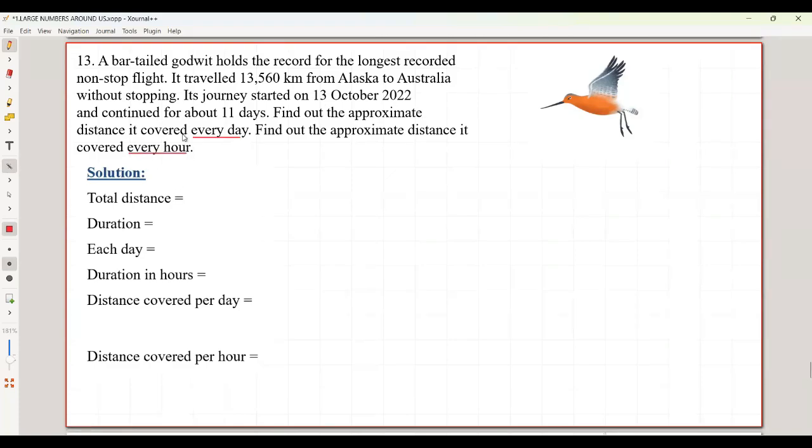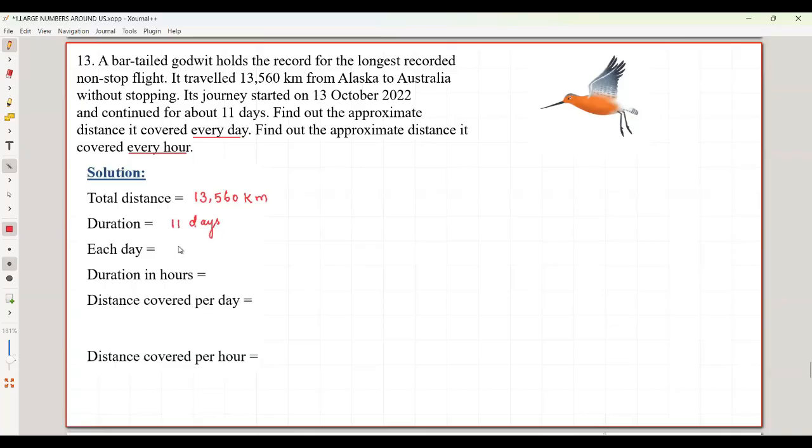Now here the total distance is given: 13,560 kilometers. Next, the duration: it has taken 11 days.